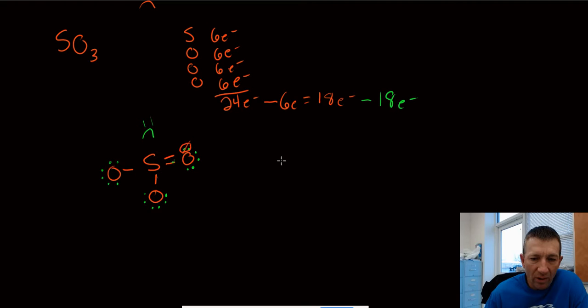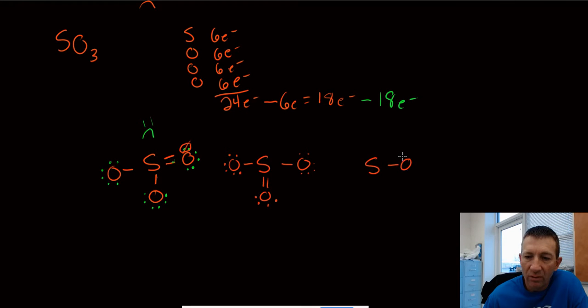That's one way to draw it. Another way to draw it is to have a single bond on the oxygen with its valence electrons, and put a double bond on the bottom, where it's only got 4 electrons around it. Put a single bond here, and it's like that. It's got one more resonance structure.